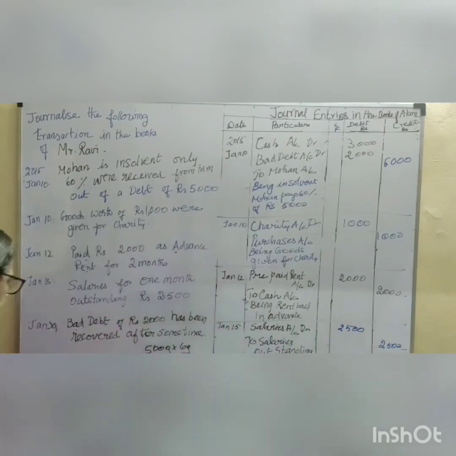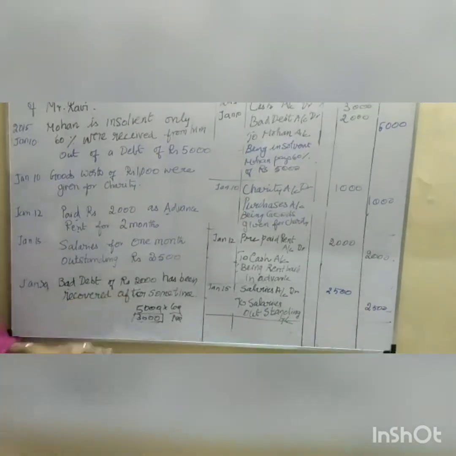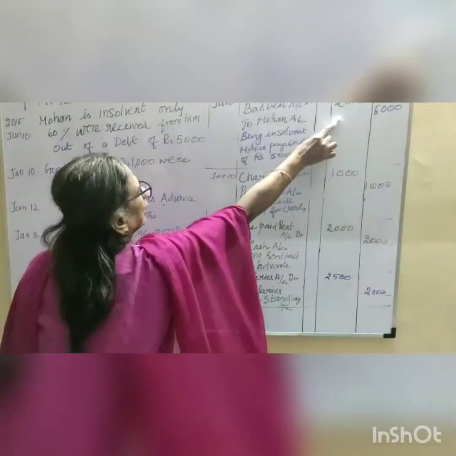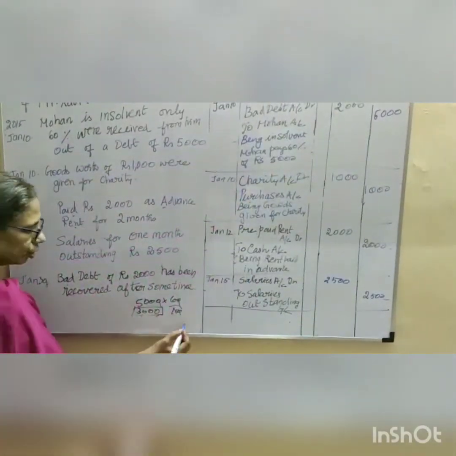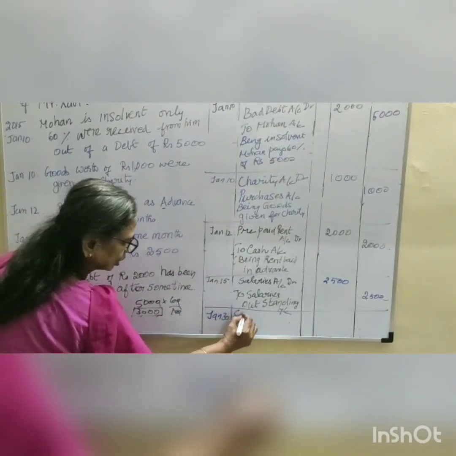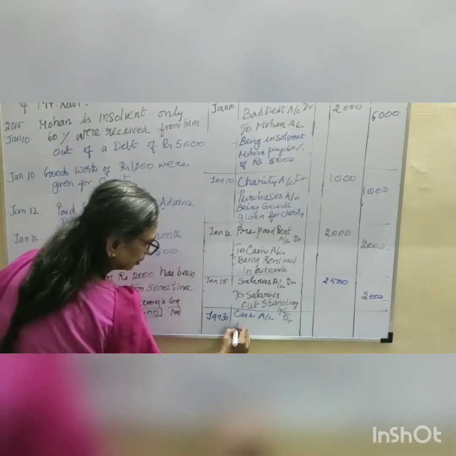Now let's see what is the last one. On January 30th, bad debt of 2,000 has been recovered after some time. That means we are getting back this 2,000 at the end of the month. So who is the receiver of the benefit? Receiver of the benefit is cash account, debited.